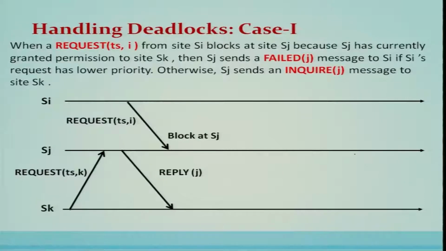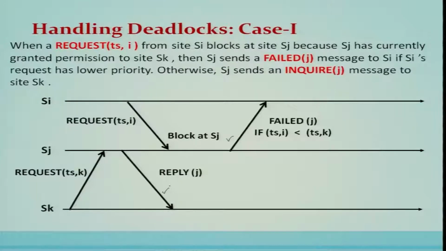Here in this diagram we can see that when a request from i blocks at a site Sj because Sj has currently granted permission to site Sk, then Sj sends a failed message to Si if Si's request is lower priority, otherwise Sj sends an inquire message to site Si.